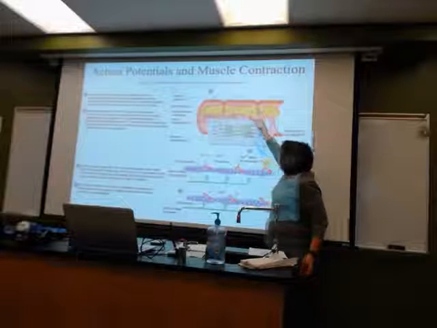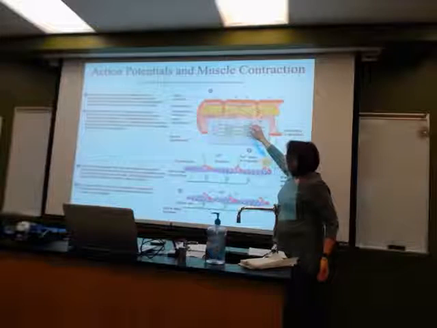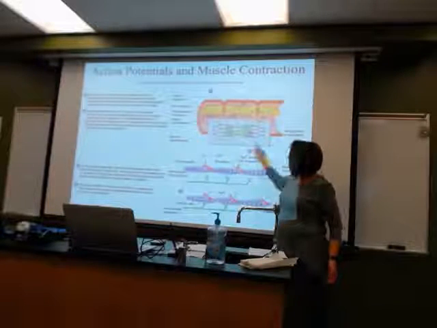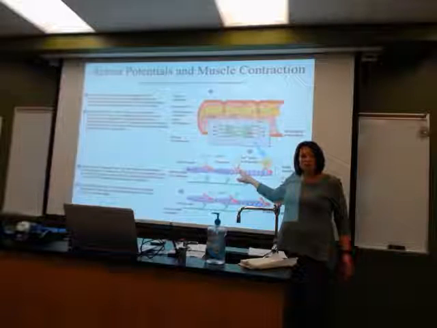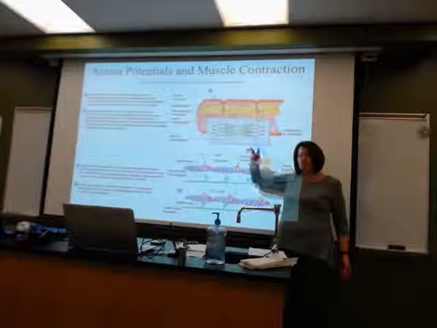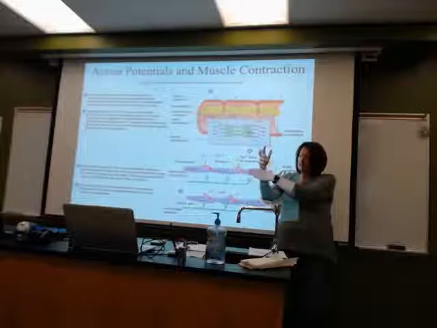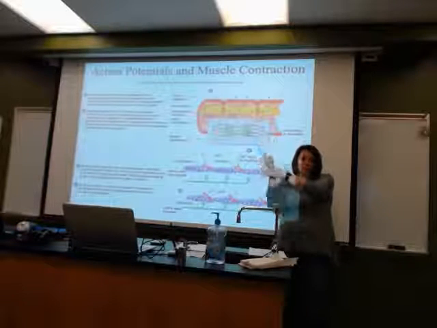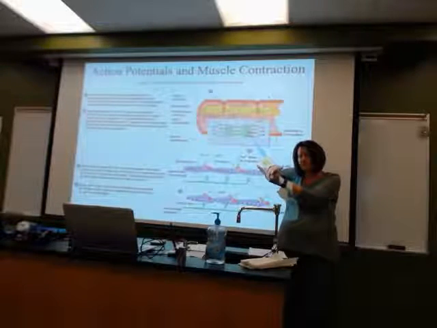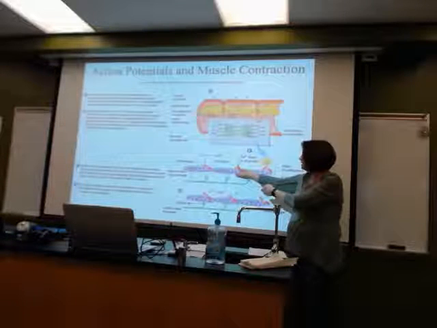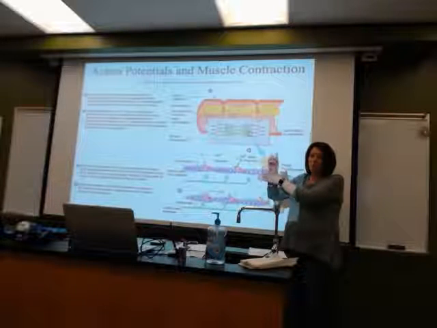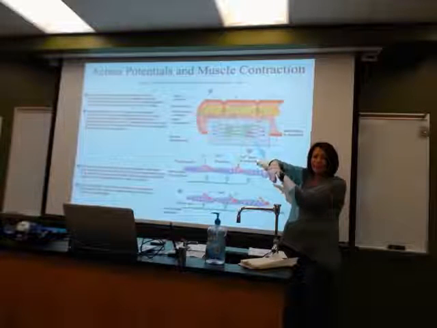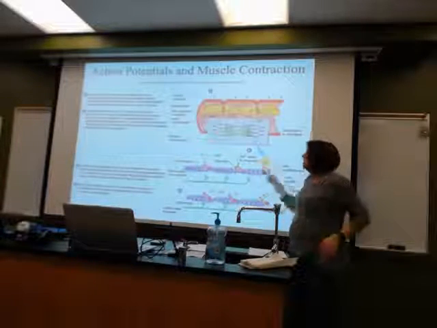The calcium, if we blow up the thick and the thin filament, the calcium binds to the troponin, the little 3 subunit, which has like a grasp on the tropomyosin. Okay, so calcium binds to the troponin, makes it change shape and therefore twist the tropomyosin.